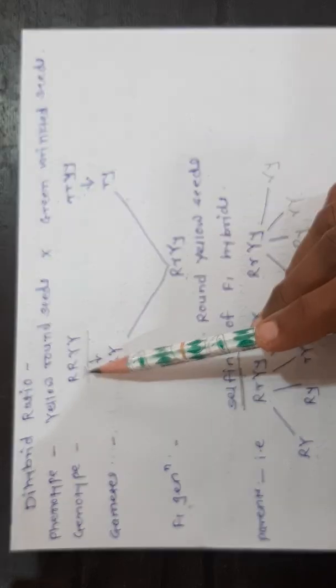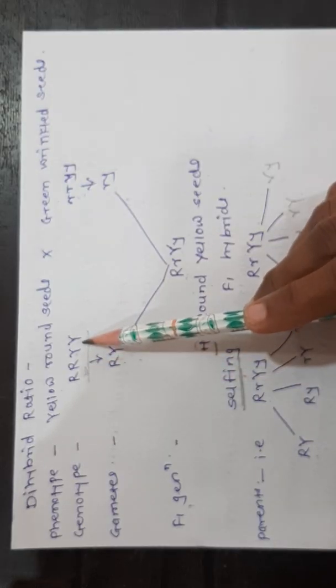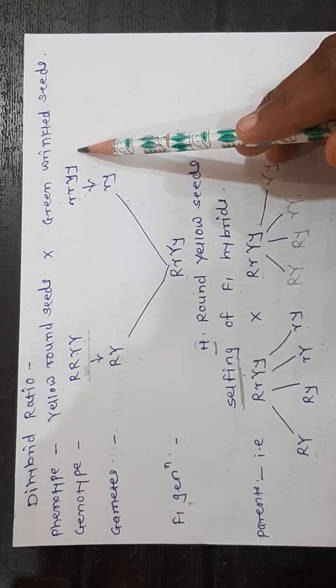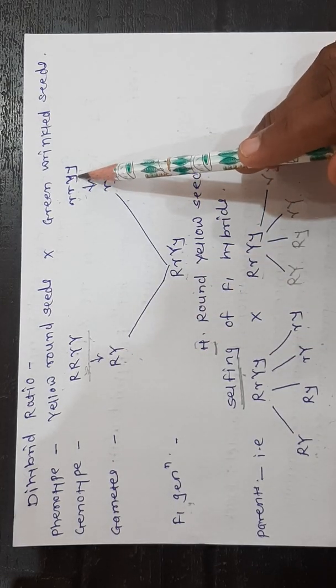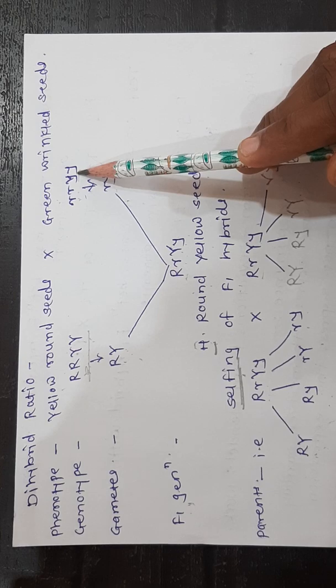Then another contrasting character is round. It possesses genotype capital Y and it is crossed with the wrinkled small y genotype.